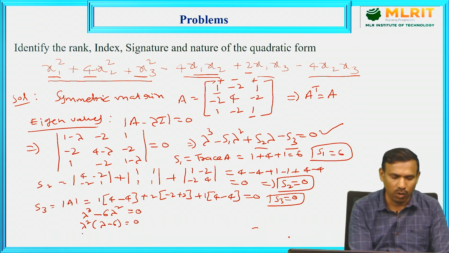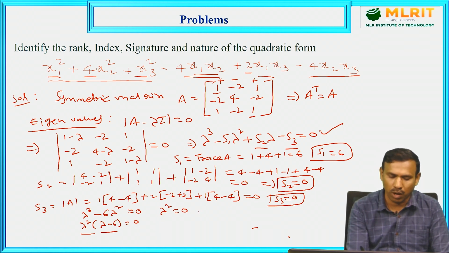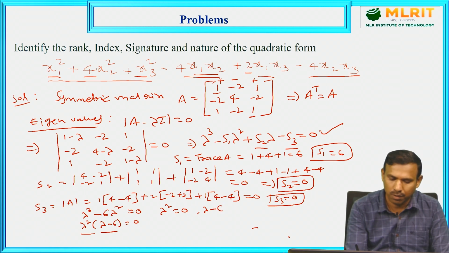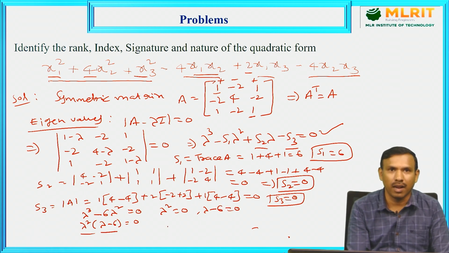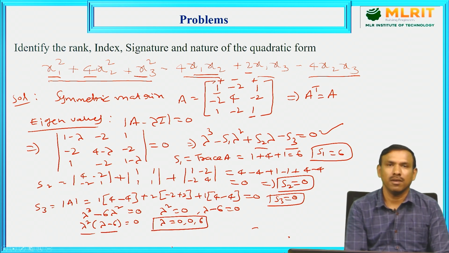This product is 0, so we have 2 possibilities: lambda square is equal to 0, or lambda minus 6 is equal to 0. Lambda square equal to 0 means the root 0 is repeated 2 times. So the roots are 0, 0 and 6. These are the 3 eigenvalues of the given matrix A, the matrix related to the quadratic form.